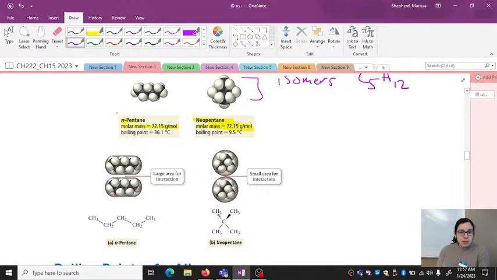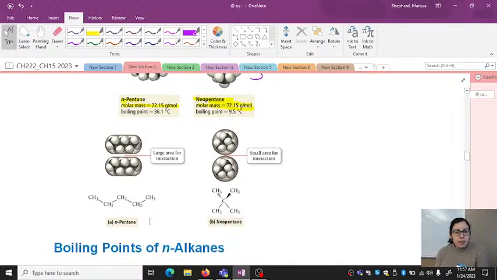But if we look at n-pentane, n-pentane means this straight chain. If we're comparing, there's a larger area for interaction, so all those intermolecular forces are lined up. You can have this stacking effect too. If you compare it to neopentane, that's more like the ball structure, where you have one carbon in the center attached to four other carbons.